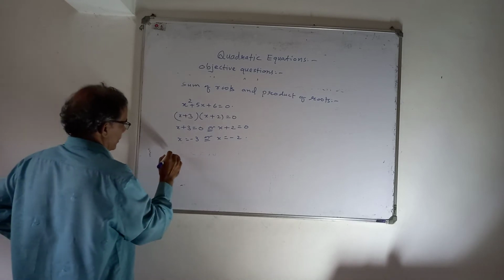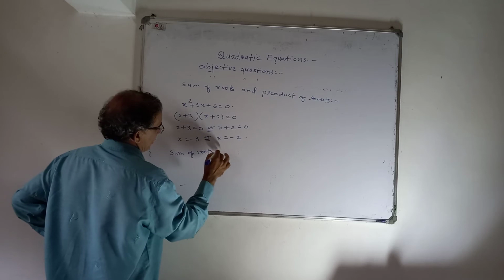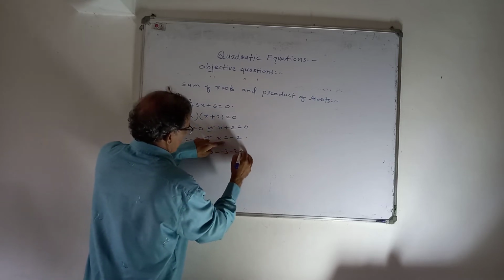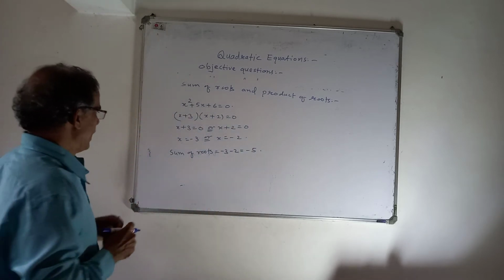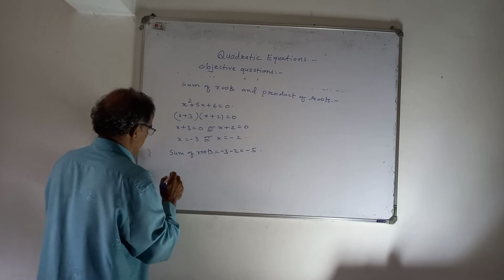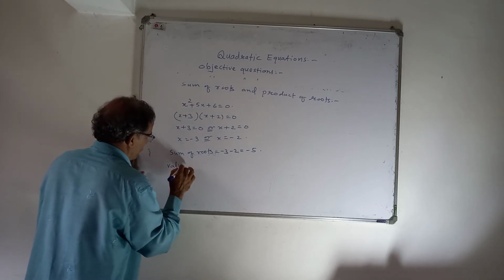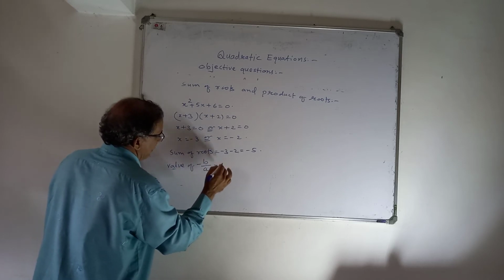Now sum of the roots. Which are the roots here? Minus 3 and minus 2. So what is that sum? Minus 5. See, I am writing here in this equation the value of minus b by a. Minus b.